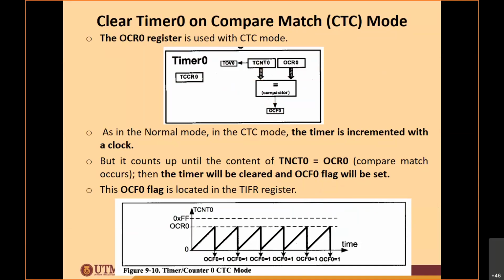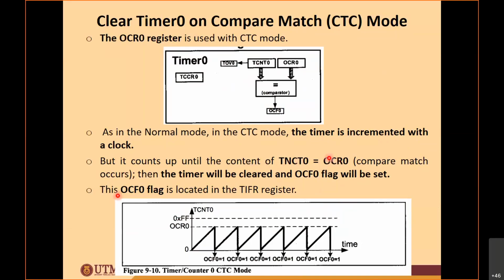As in normal mode, in the CTC mode the timer is incremented with a clock. In both CTC mode and normal mode, the TCNT value will increase with your clock source. But it counts up until the content of your TCNT equals your OCR.